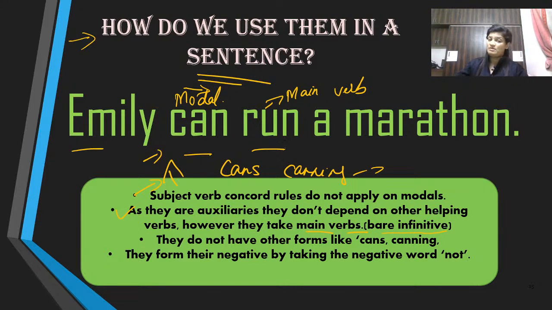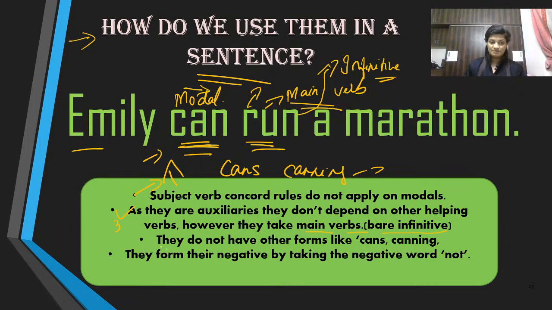I hope you remember the class on infinitives and finite and non-finite verbs, which I conducted long back. In that case, I told you that when you use a main verb right next to can or a modal, you call the main verb an infinitive. Well, this is a bare infinitive. Let's not go into that right now. Just take this as a main verb at the moment. We use the modals right next to a bare infinitive.